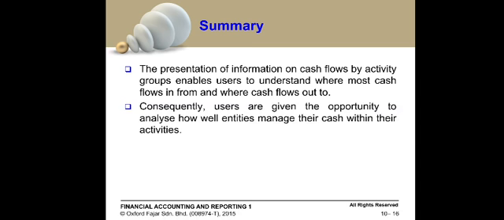The presentation of information on cash flows by activity groups enables users to understand where most cash flows in from and where cash flows out to. Consequently, users are given the opportunity to analyze how well entities manage their cash within their activities.